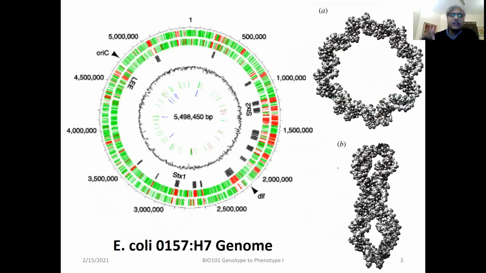Now, this is a map of E. coli, a simple bacterium, and its genome. Genome is the word you see. Genome is all the genes present in a cell.